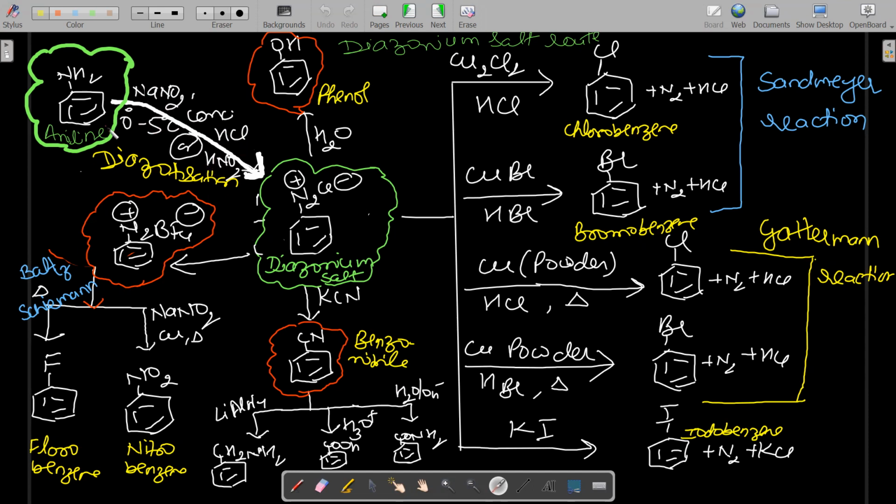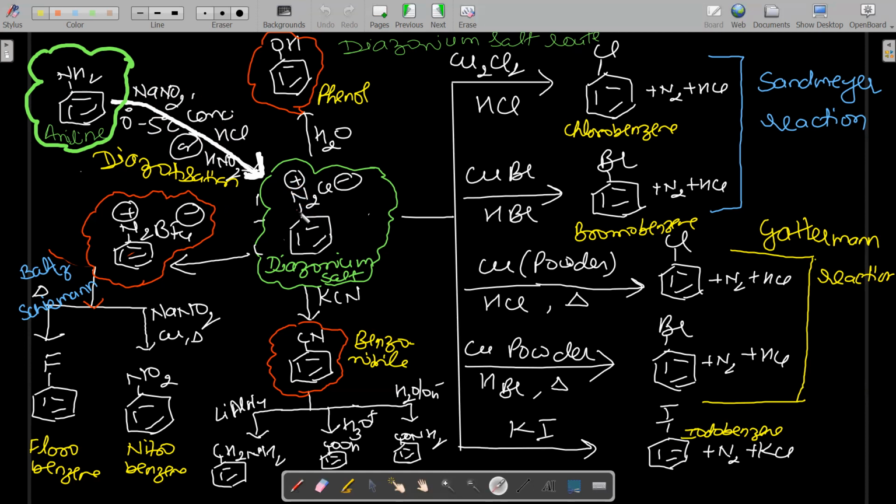Repeating once: aniline reacts with HNO2, that is, aniline directly converts into the diazonium salt in the presence of such reagent, which is called the diazotization reaction. This diazonium salt is a very important compound for conversions, because the diazo group is a very good leaving group.